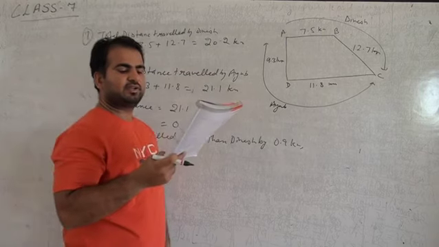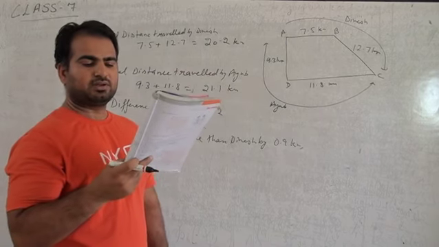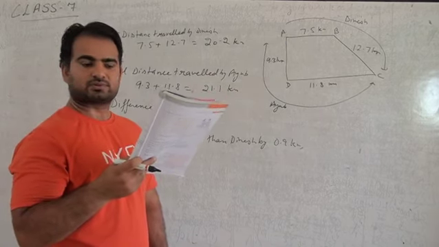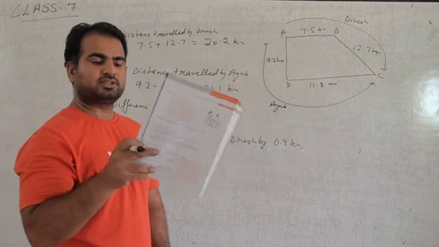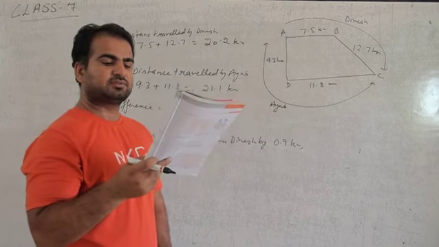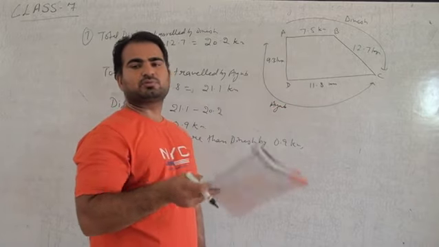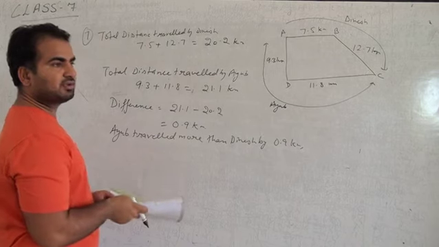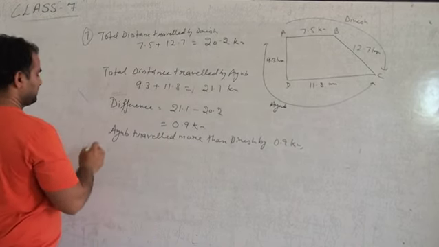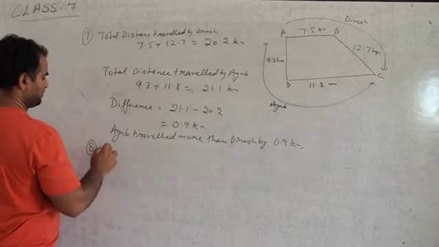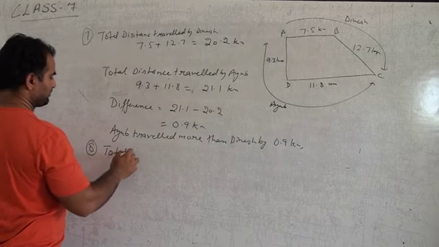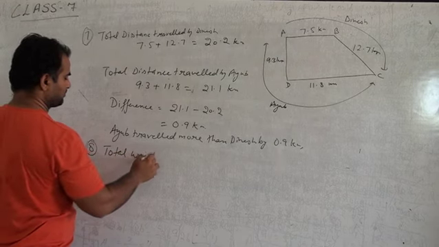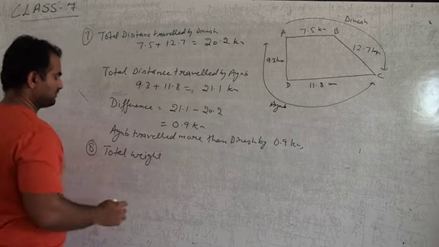Shama bought 5 kg 300 grams of apples and 3 kg 250 grams of mangoes. Sarla bought 4 kg 800 grams of oranges and 4 kg 150 grams of bananas. Who bought more? So what we have to do is find the total weight.